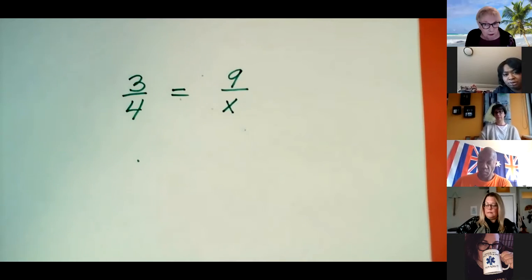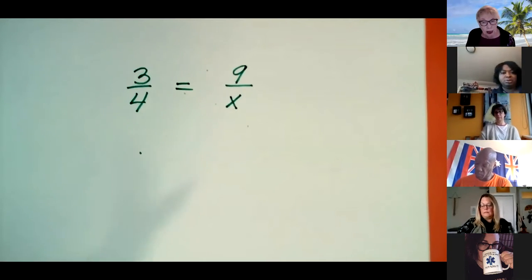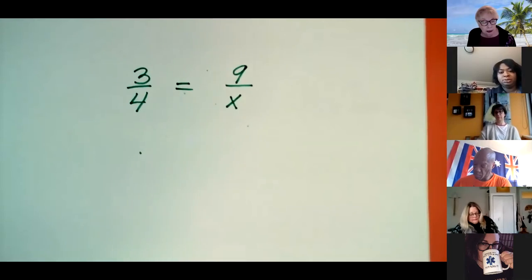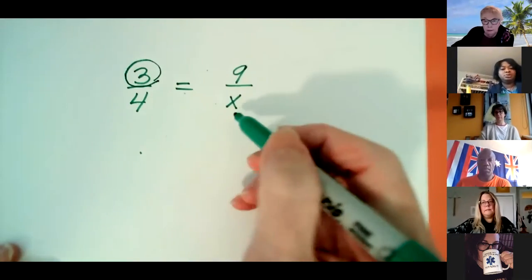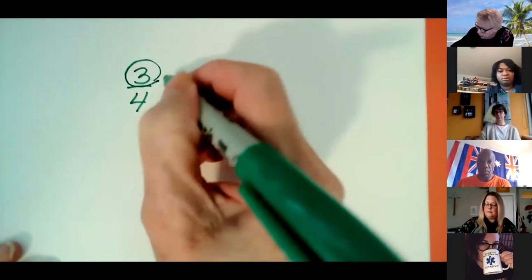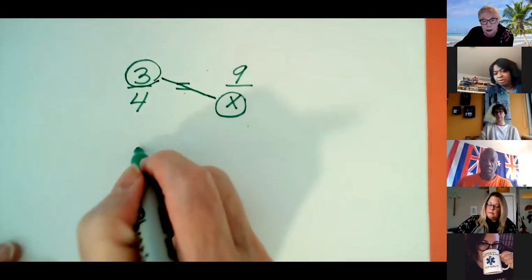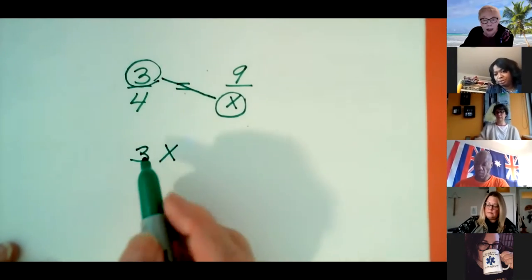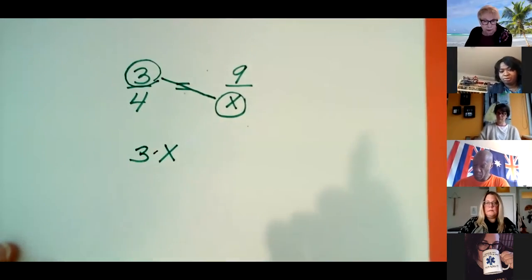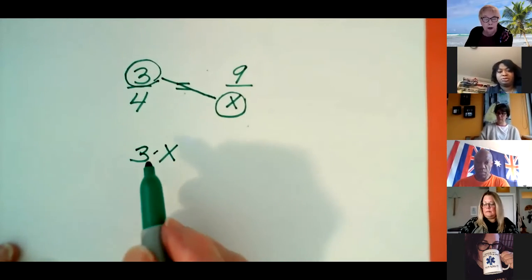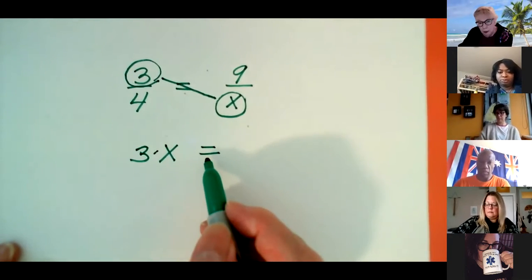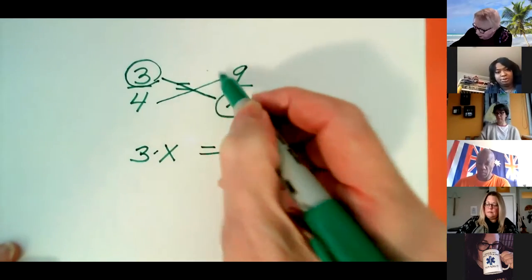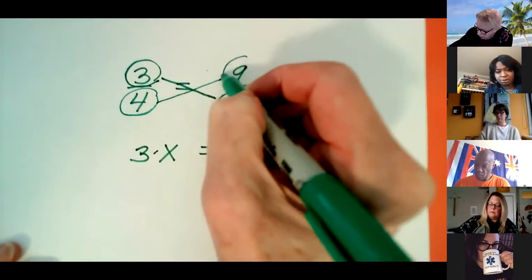This is why they did the last section about canceling equations. 3 multiplied by x is 3x. I can put a dot here if you want, I don't care, but it's 3x or 3 dot x. That is equal to, and do not forget the equals, this number times this number.